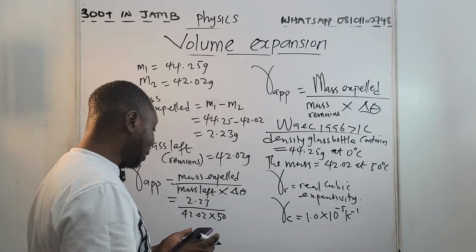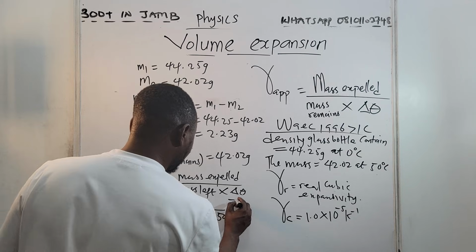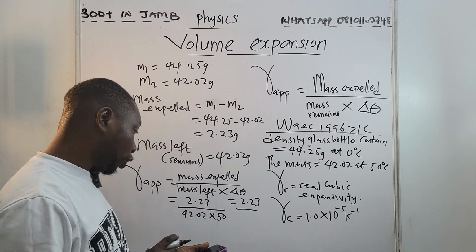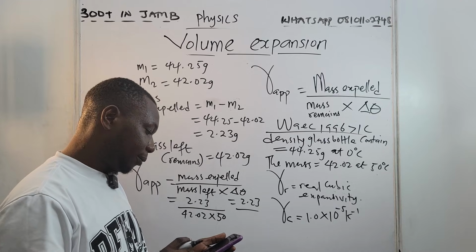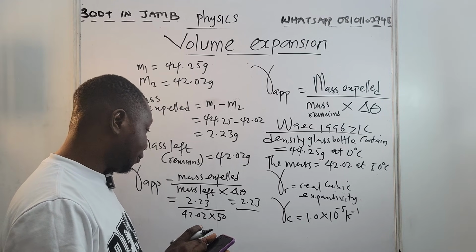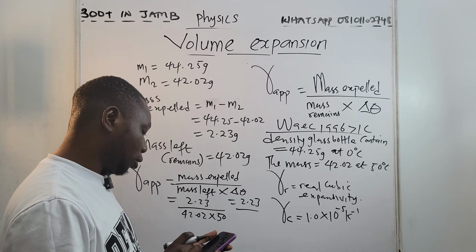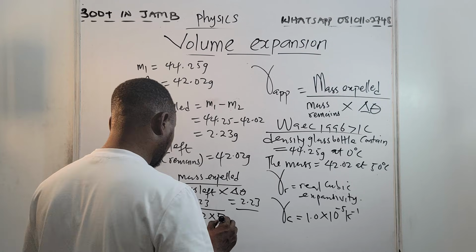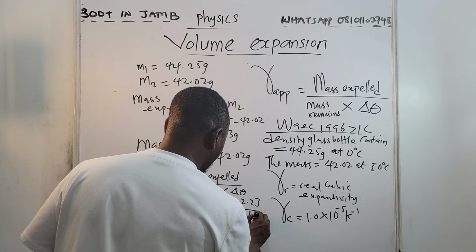So if we do that, that's 2.23 over 42.02 times 50. 42.02 times 50 is about 2101.